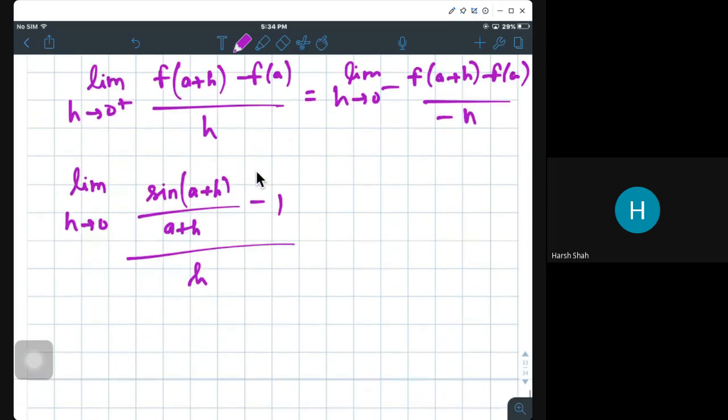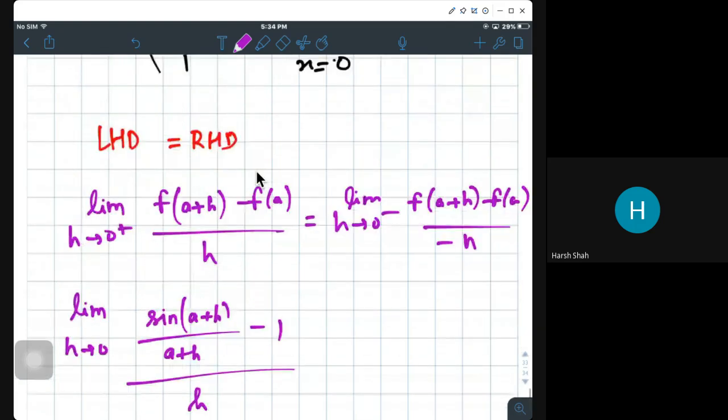Only this side of the equation I'm solving first, correct?